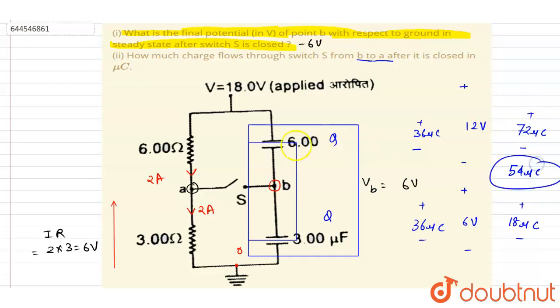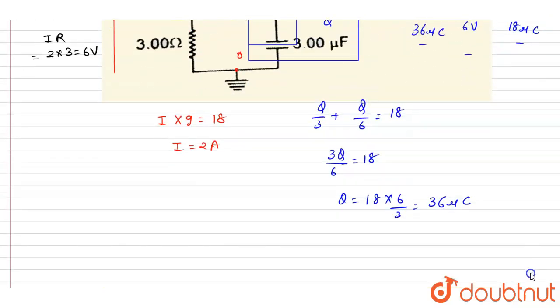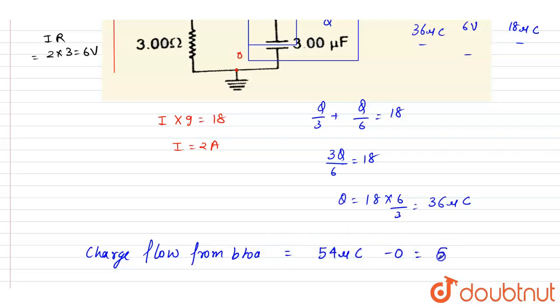And when the switch is open, the net charge on them is this. So on closing the switch, the charge flowing from B to A will be equal to 54 minus 0, so it is 54 microcoulomb. And this will be the answer.